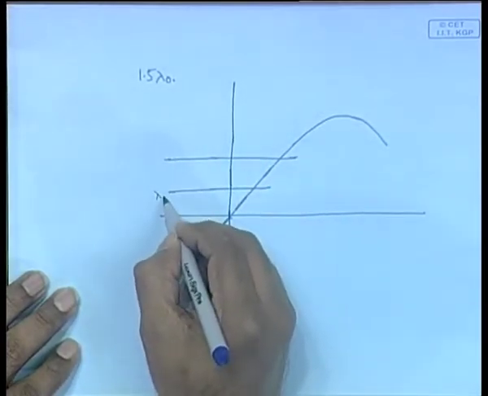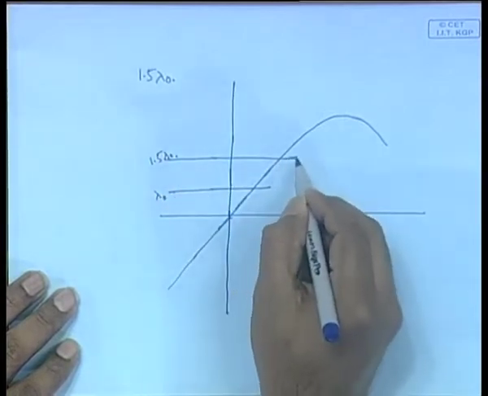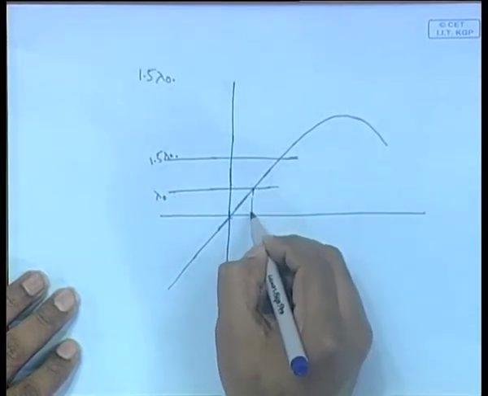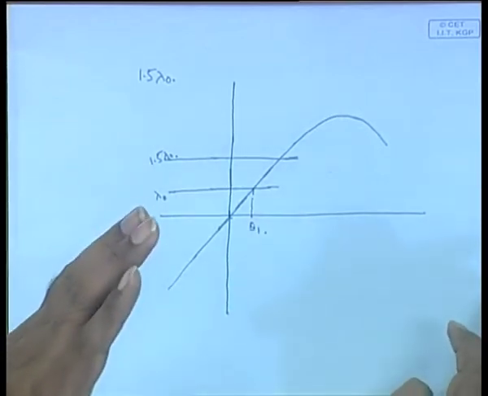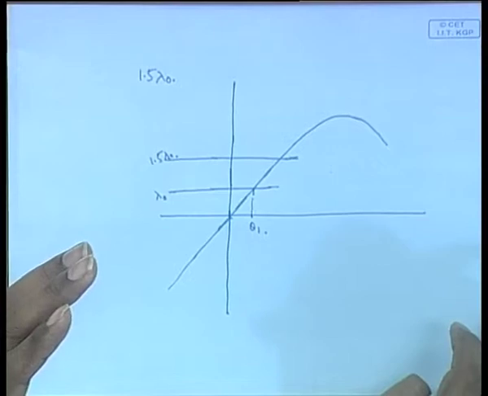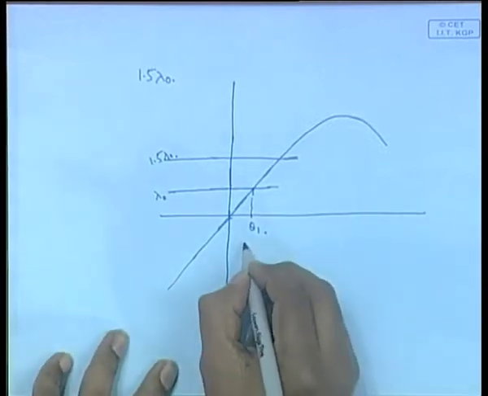Lambda 0 will come here, 1.5 lambda 0 will come here, so you draw two lines. Now from this point, this is theta 1. You read this from the table, and it comes to, I think, 8 degrees.